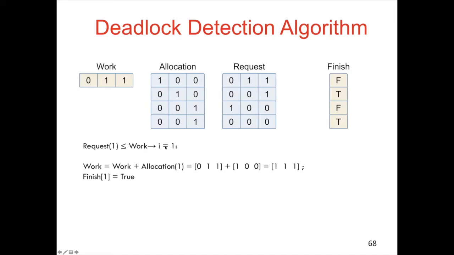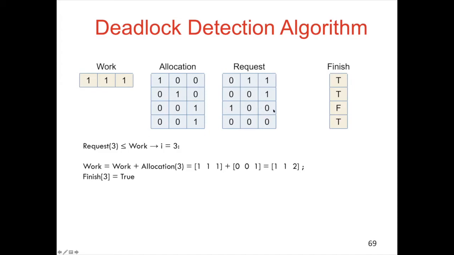So we are setting I to 1. And we are setting work to work plus allocation 1: 0, 1, 1 plus allocation 1, which is 1, 0, 0. Here work becomes 1, 1, 1. And finish 1 is set as true. So we have work as 1, 1, 1 and the value here is true.